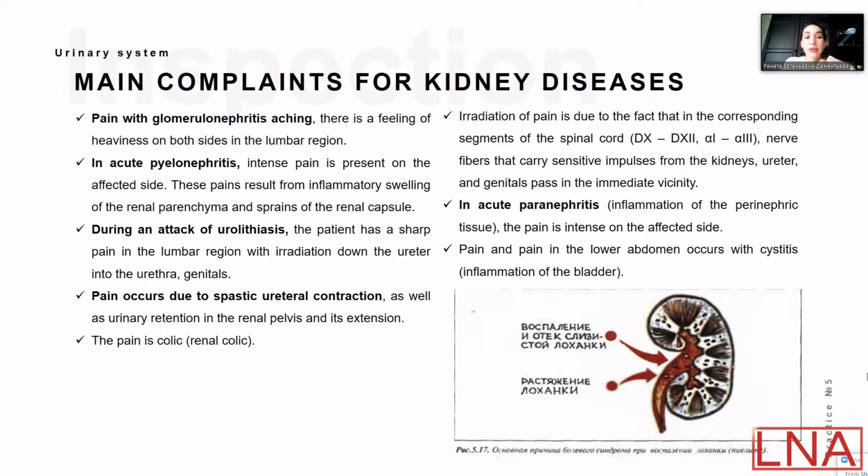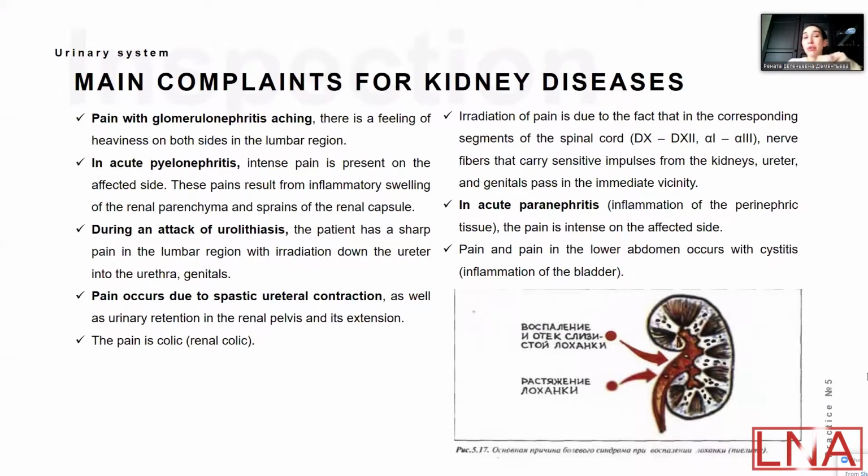Pain occurs due to spastic ureteral contraction as well as urinary retention in the renal pelvis and its extension. Usually the pain in ureter or kidney lithiasis has a colic character, and we can call it renal colic.